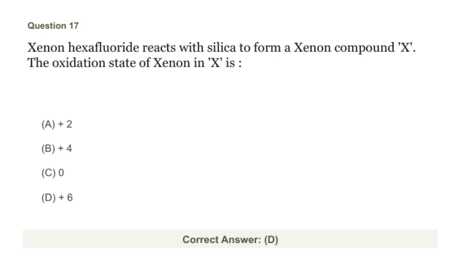So the main takeaway here is that xenon, despite being a noble gas, can exhibit multiple oxidation states, especially in compounds like xenon hexafluoride. And in this particular reaction, xenon in the compound X retains an oxidation state of +6, making option D the correct choice.